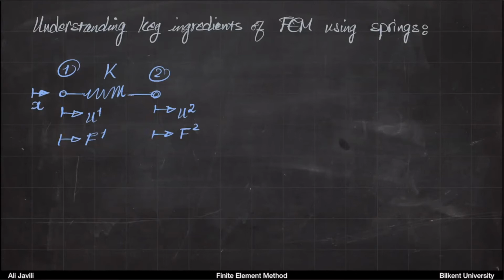The other thing is that I am putting these indices as superscripts. Previously, in the last lecture, we put them down as subscripts to keep it simple, and from now on, we actually put them on top as superscripts.